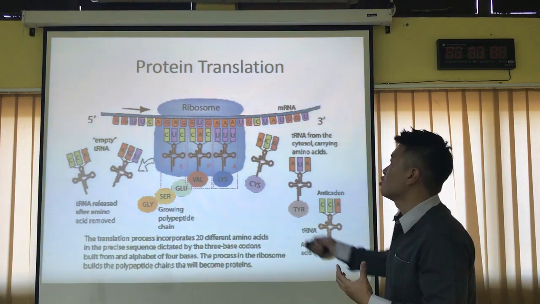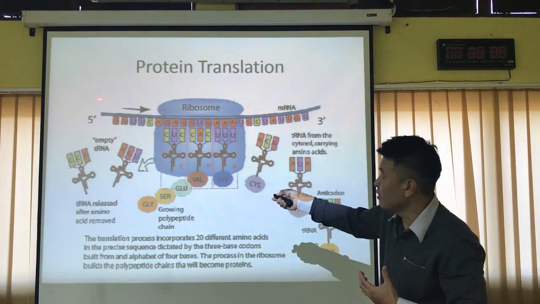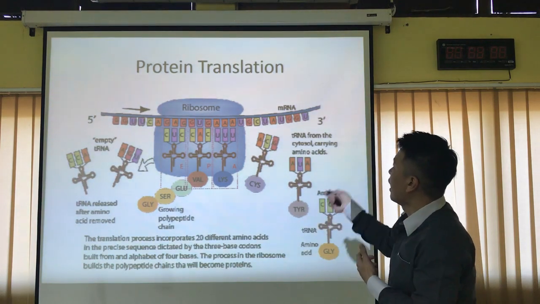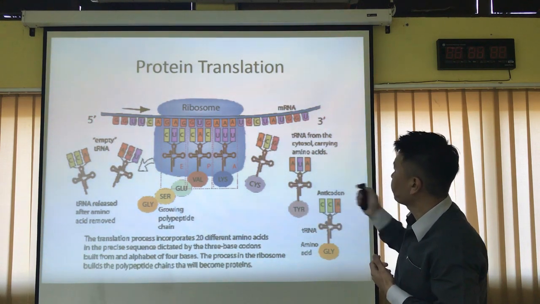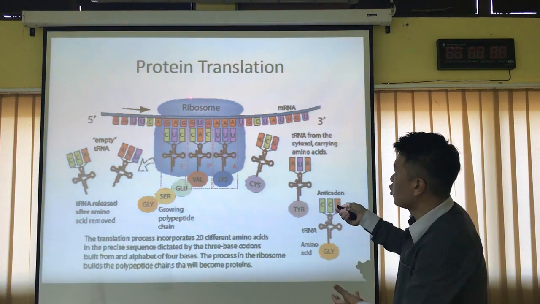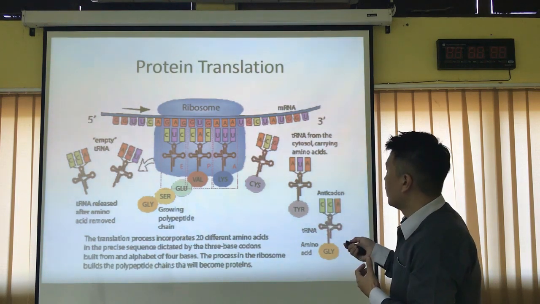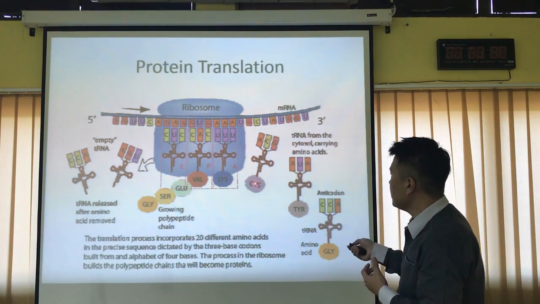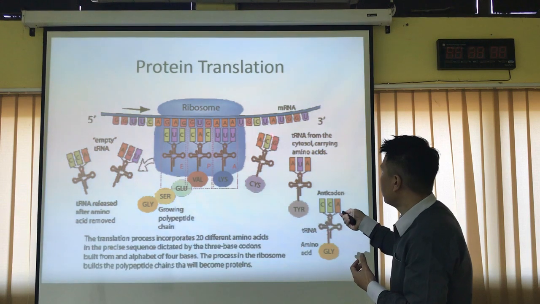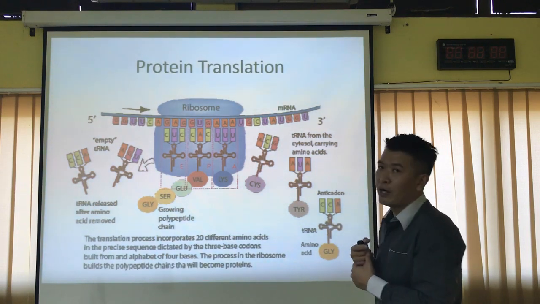When it comes to translation, we have mRNA, which runs 5' to 3'. Remember, mRNA is a positive strand of RNA. The ribosome is bound to the mRNA and will continue to move, and then we have tRNA that contains an anticodon complementary to the mRNA and carries an amino acid.